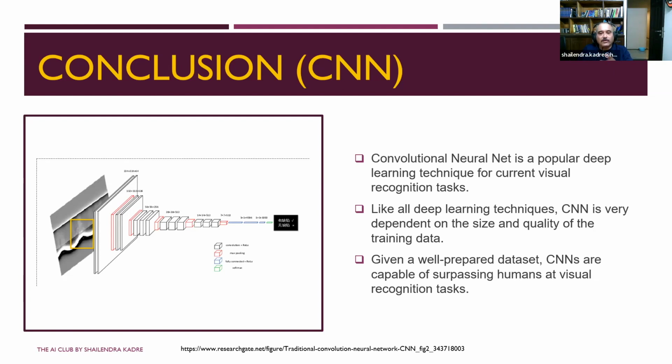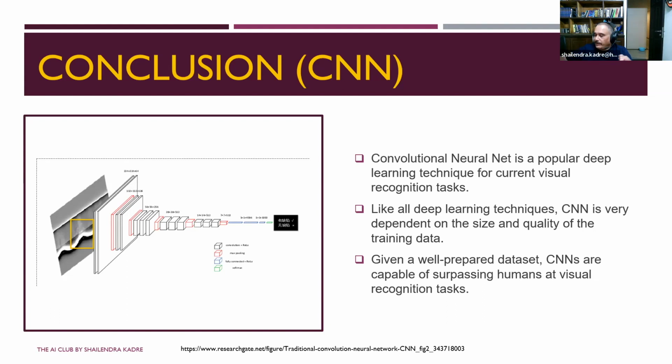But for that, you need a well-prepared data set and a well-architected CNN model. It has already surpassed human judgment. I think Shrutika madam or Malini madam asked this question, so I think you have your answer now. CNNs have already surpassed the judgment of human beings, provided you have a well-prepared data set.